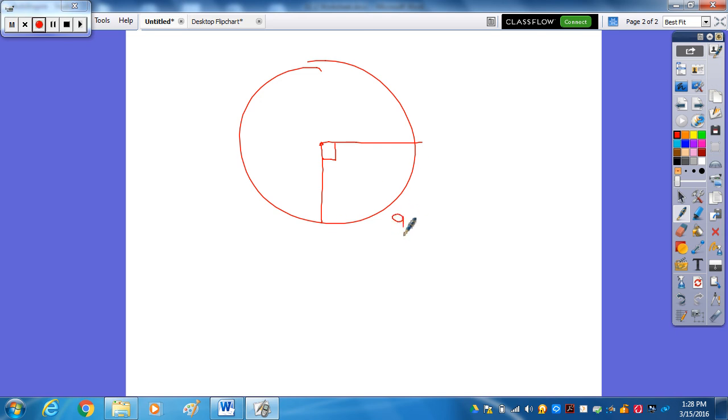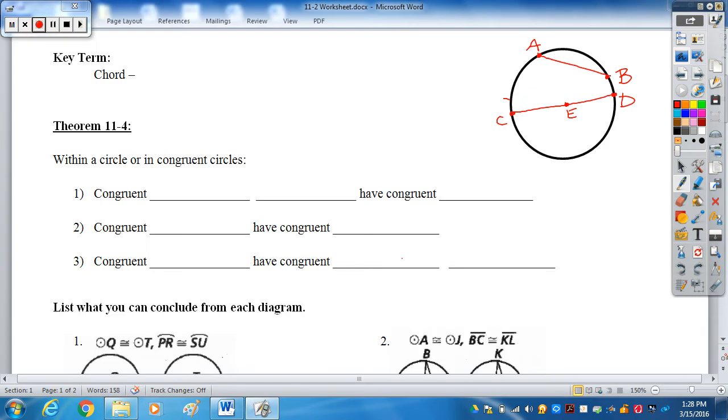Well, we know that arc measure is also 90 degrees. So I want you to remind yourself, or even write this down at the top of your paper, that the arc measure is equal to the central angle of a circle. Keep that in mind as we start to look at these three new concepts from today's lesson.